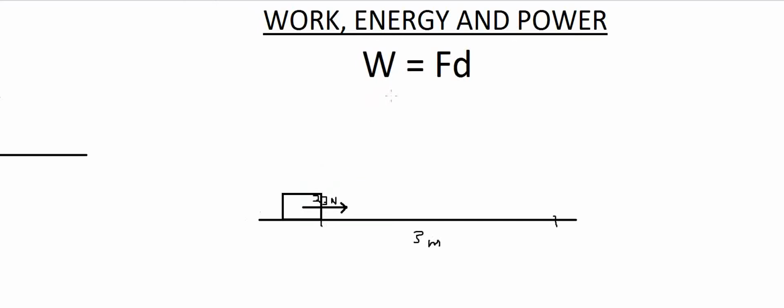So the work done by this person will be 23 times 3, which is equal to 69.